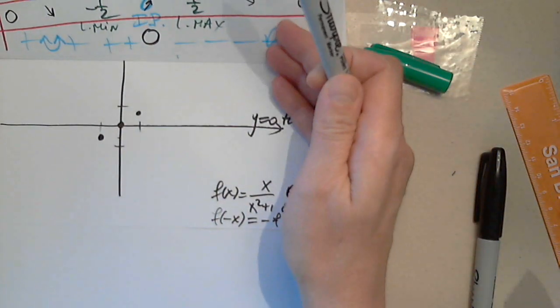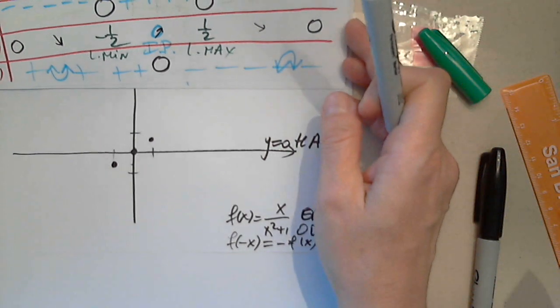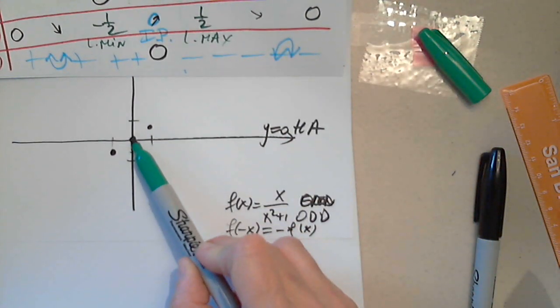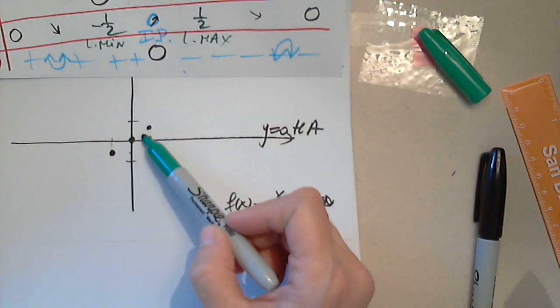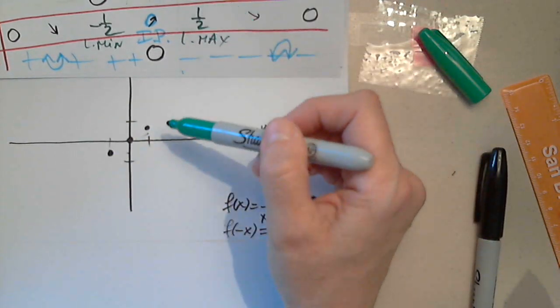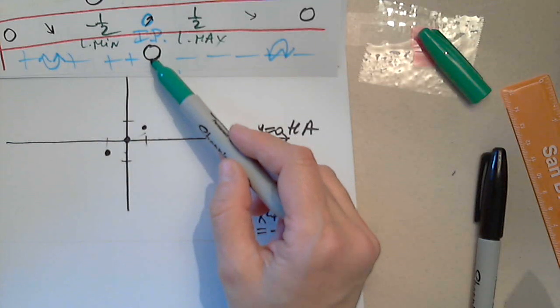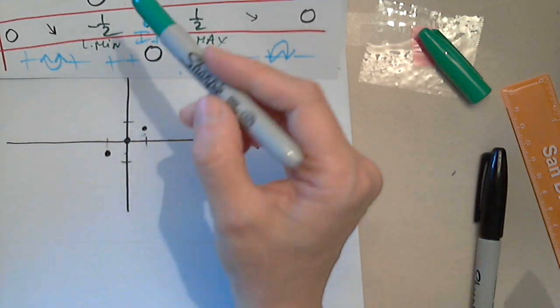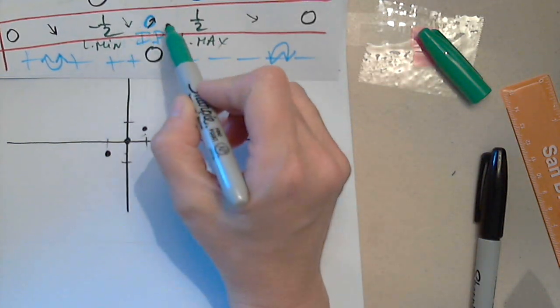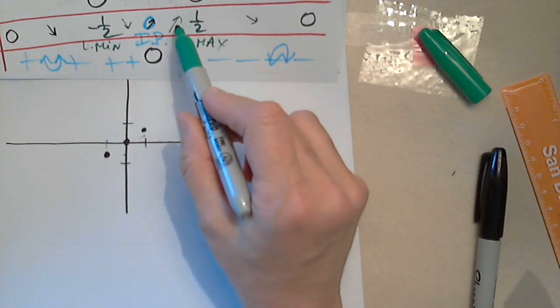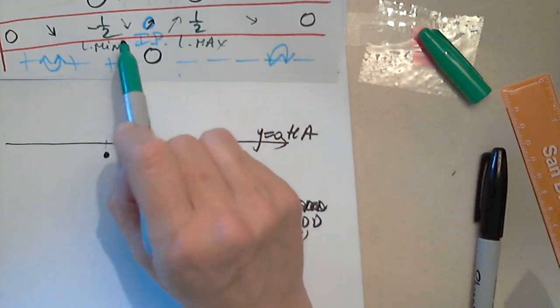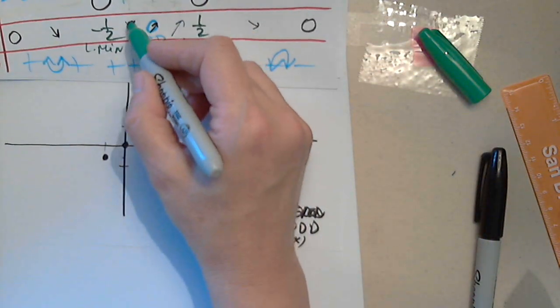When I look at my table, that's when I know if there is an error or not. So this is the inflection point. Oh, okay, sorry. Yes, okay, so this is the inflection point. The function is decreasing and increasing.